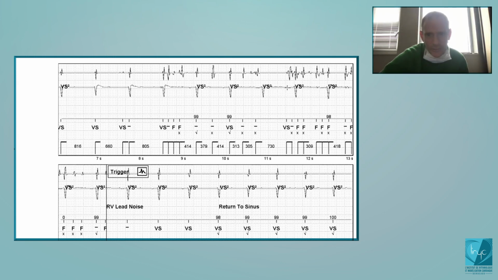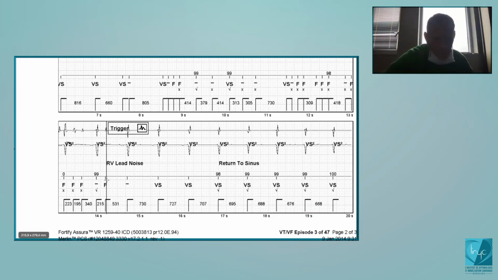Okay, so dissociation, discordance between this channel with fast cycles and this one without. So once the counter is full, then there is an analysis of the noise counter. The value is at least 10 or more. Therefore, the therapy will be inhibited.